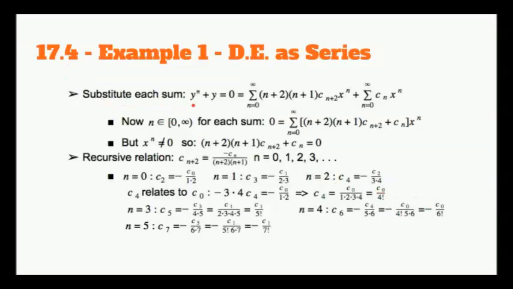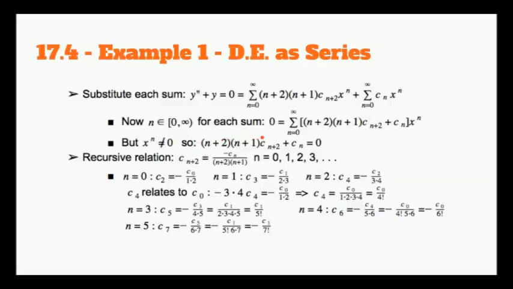We substitute each sum. We get y double prime plus y equal to 0, equal to all of the summation from y double prime and all of the summation from y, and we have it equal to 0. Now, n's domain is from 0 to positive infinity.